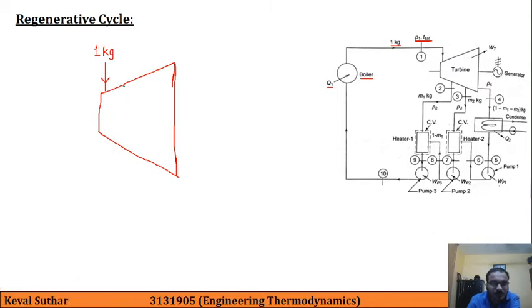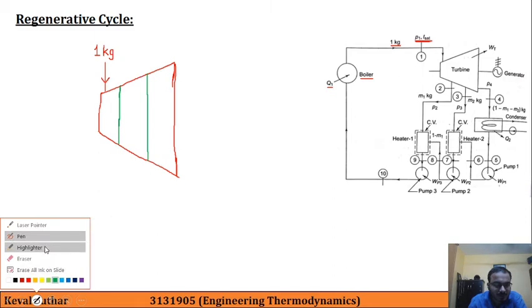Let's have first as this portion, and second is this portion. So what we have done is we have divided the entire turbine into 3 different parts, and we will see how they are different from each other.